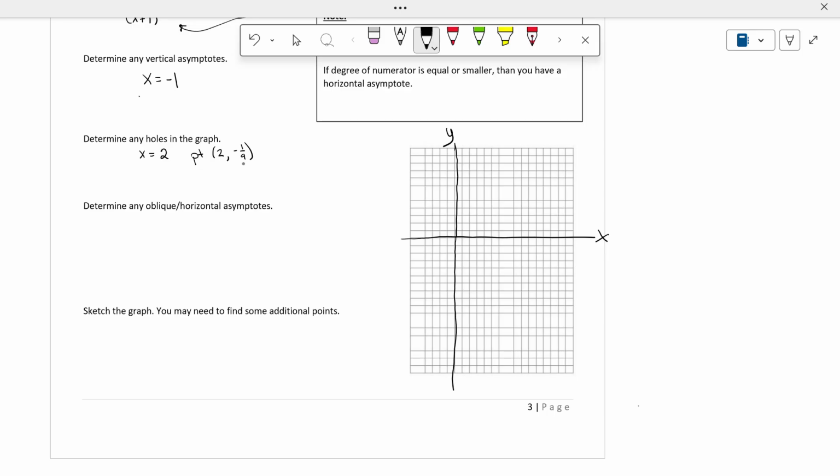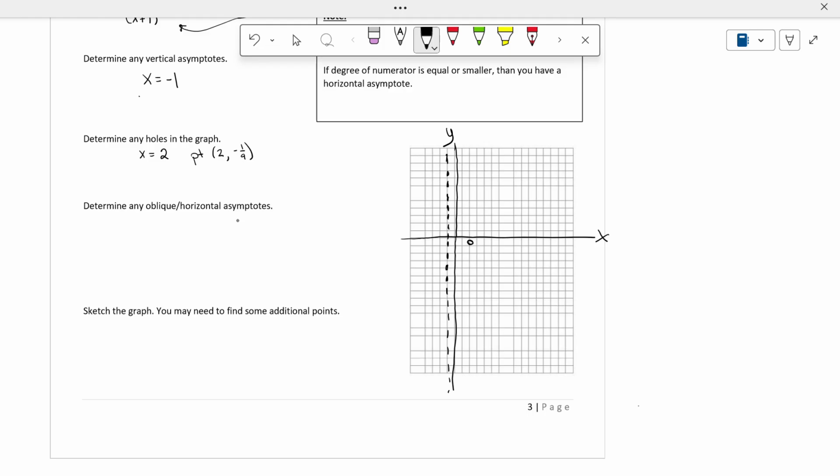The point (2, -1/9) is where there's a hole in my graph. It should even be up a little bit higher. Then I have x equals -1 is where my vertical asymptote is, like so.